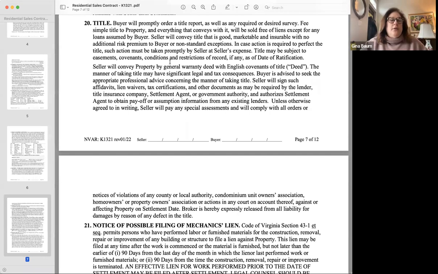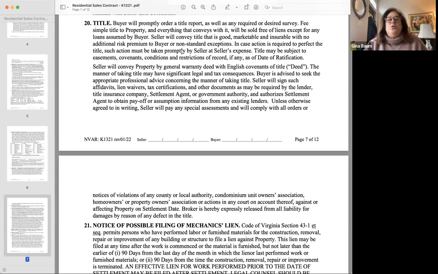So fee simple title to property and everything that conveys with it will be sold free of liens except for any loans assumed by buyer. Seller will convey title that is good, marketable, and insurable. Okay. It's an important point. The seller will convey a title that is good, marketable, and insurable with no additional risk premium to buyer or non-standard exemptions.